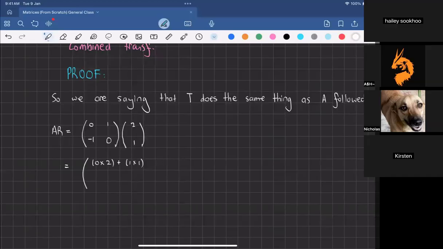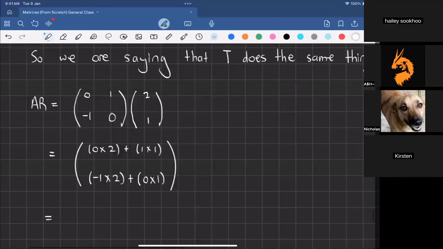Right? And tell me what the bottom would be. So we multiply the 0, 1 by the 2, 1. Now we're moving on to the minus 1, 0. It would be -1 multiplied by 2 plus 0 multiplied by 1. Another mistake I see you make, you said 0, 1. Be very careful. Notice it has a plus sign in the middle, so we have to add whatever we get. What is 0 by 2? 0.